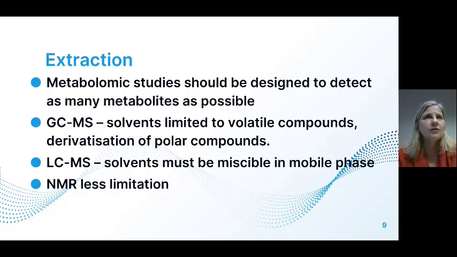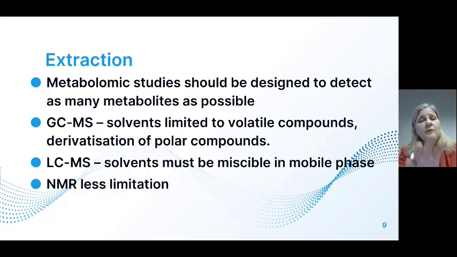For example, say you have a carboxylic acid and you want to analyze by GCMS, the longer chain carboxylic acids would have very high boiling points and will not be volatilized in the GC procedure.